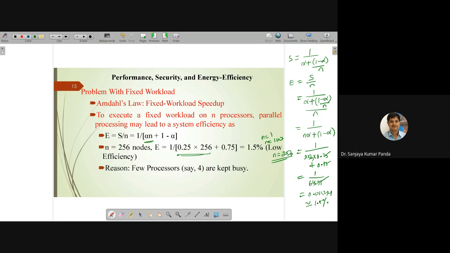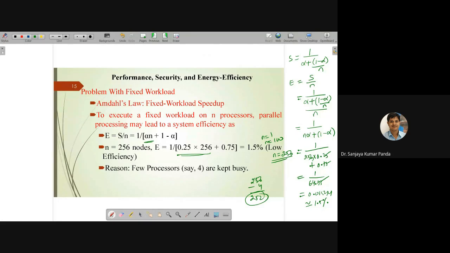So what you can say is low efficiency. Why is it low? The speedup is equal to 3.88, or if you take the ceiling function, it is 4. So it is only making 4 processors busy, but the other 256 minus 4, that is 252, processors are completely idle.